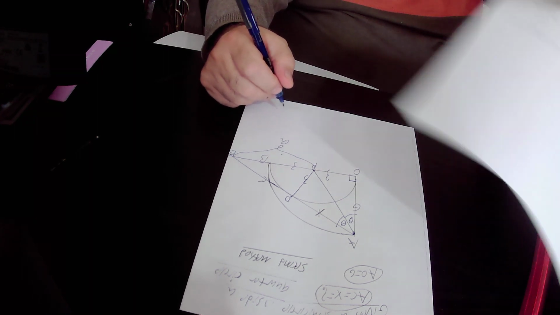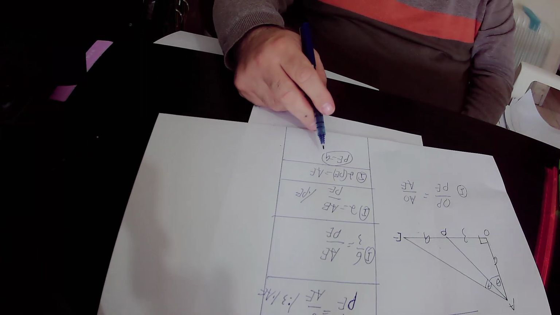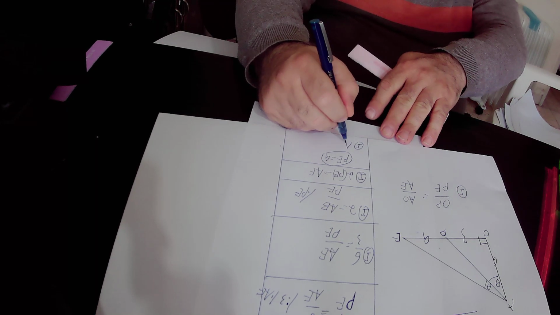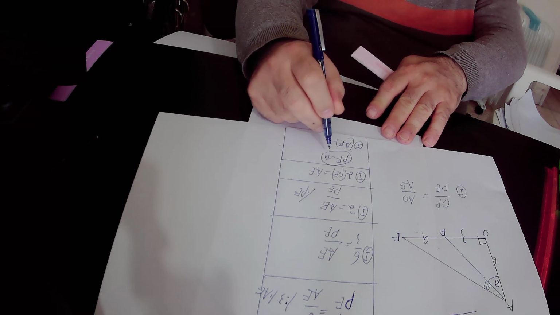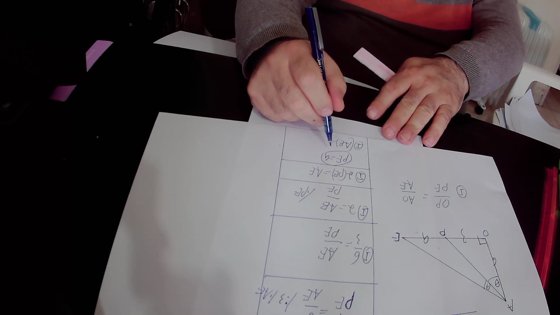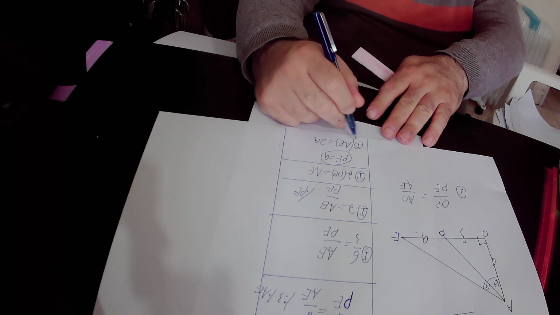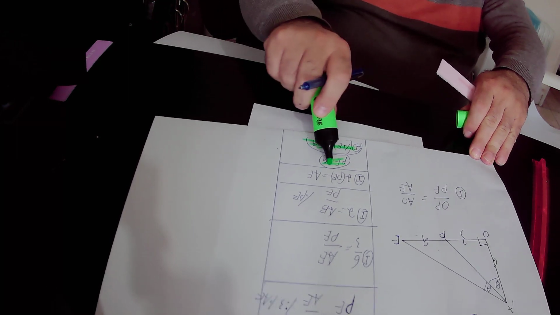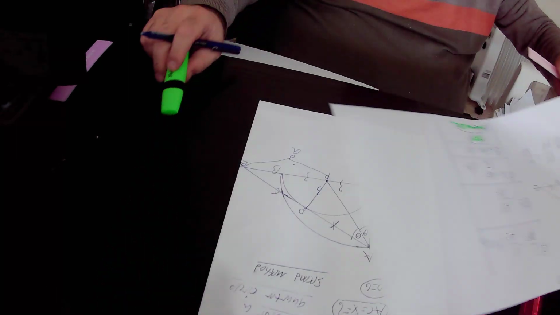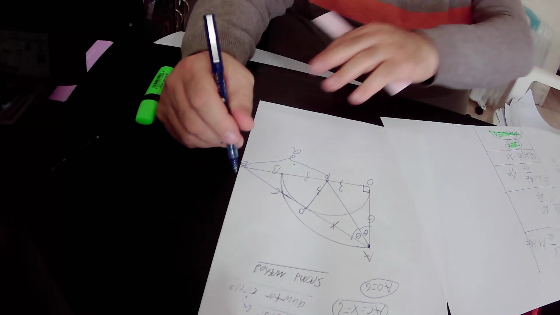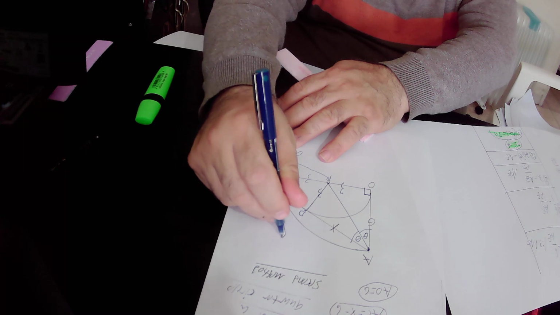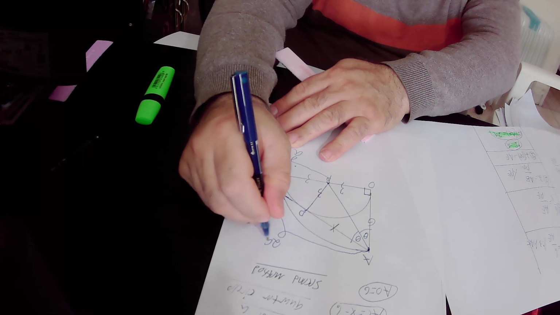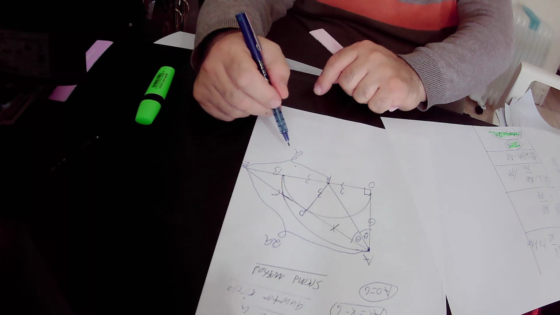So now we know that PE equals a, so we can substitute PE in the equation by a. We get that AE equals 2 times PE, and PE is a, so AE equals 2a. Side AE equals 2a, and PE equals a according to our definition.